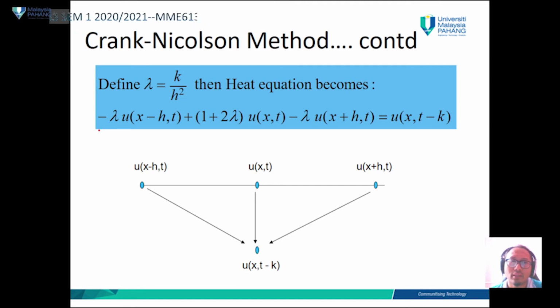We are going to get negative lambda u(x minus h, t) plus 1 plus 2 lambda u(x,t) minus lambda u(x plus h, t) equal to u(x, t minus k). So this time we are getting u(x, t minus k) based on the temperature at the nodes x minus h, x, and x plus h.